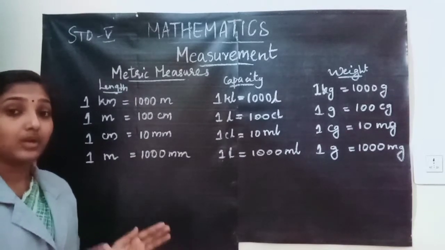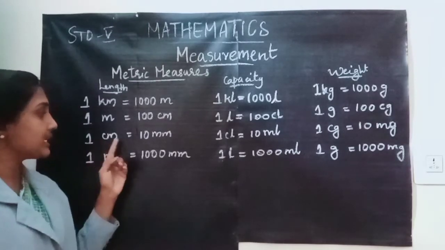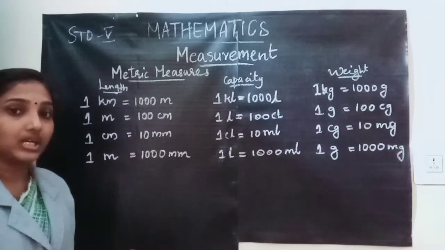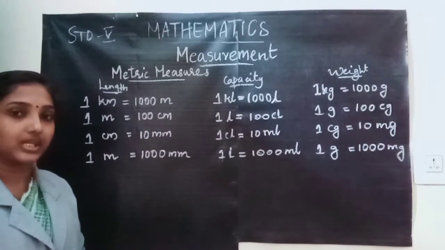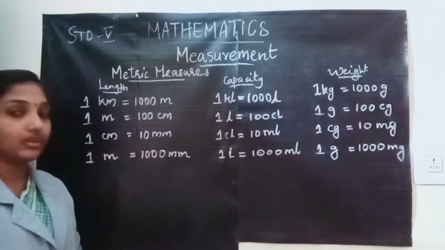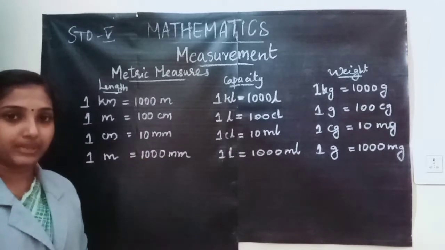Next is 1 centimeter is equal to 10 millimeter. 10 millimeter together make 1 centimeter. 1 meter is equal to 1000 millimeter.